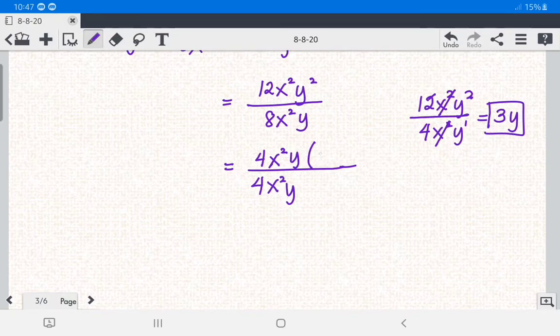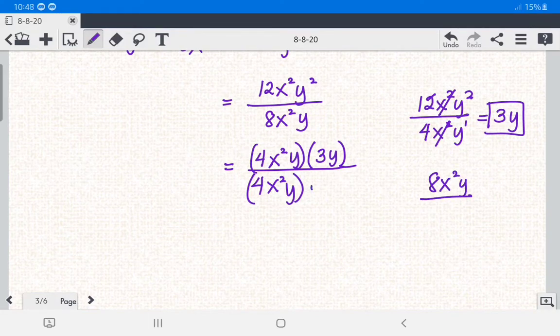And that is the second factor of the numerator. So we have 3y. You can enclose this also in a parenthesis. And then for the denominator, we have 8x squared y divided by 4x squared y. So we have 4x squared y. Then we can now divide 8 by 4, we have 2.